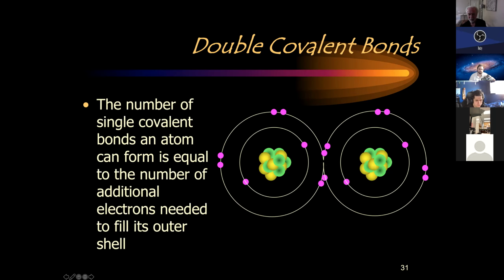So now they both have 8. And yes, this is oxygen, and it can be represented as O2 or O bar bar O. So a covalent double bond is represented by 2 bars.